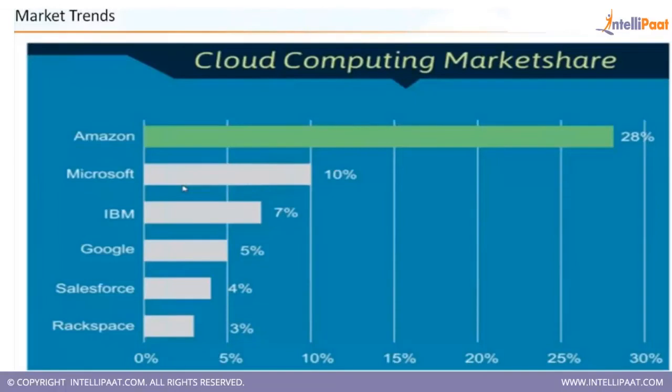And this is the market trends. I told you there are a lot of cloud technologies in the world, like Amazon, Microsoft, IBM. IBM has Bluemix. Google has Google Cloud Platform. Rackspace has its own, Salesforce has its own. Still, AWS is one of the most important cloud technologies in the world, and I told you it is more mature. That's why people are more keen to use AWS, and they have trust in AWS, because in the market we have never found any issue with the AWS infrastructure or its security measures.